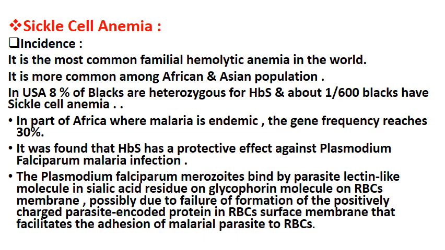Possibly due to failure of formation of the positive charge parasite-encoded protein on the RBC surface membrane, which facilitates adhesion of the malarial parasite to RBCs. Might be this is the cause that gives the patient with hemoglobin S a protective effect against Plasmodium falciparum.